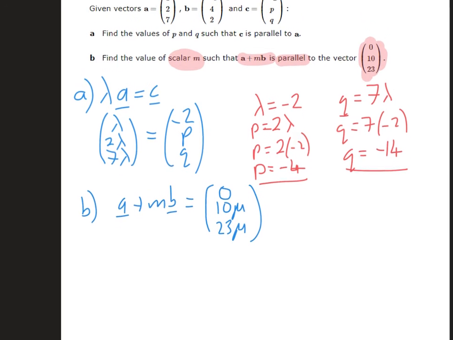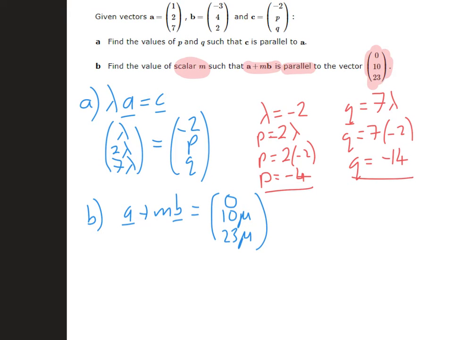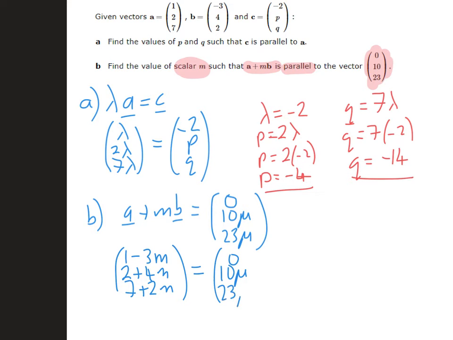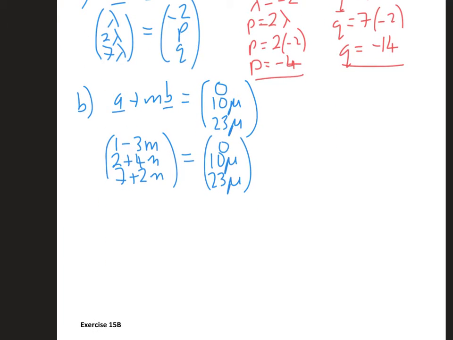So now if I work out what the left-hand side looks like, so I get A plus mB, so 1 minus 3m, 2 plus 4m, and 7 plus 2m. That must equal 0, 10 mu, and 23 mu. Okay, well now I've just got 3 equations.